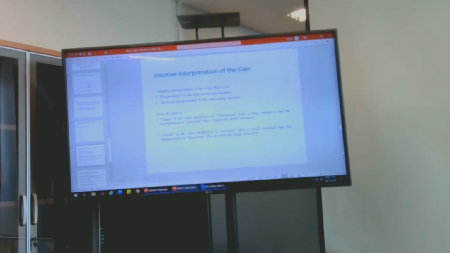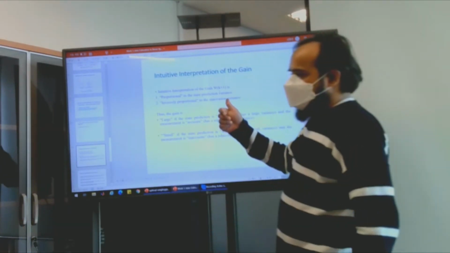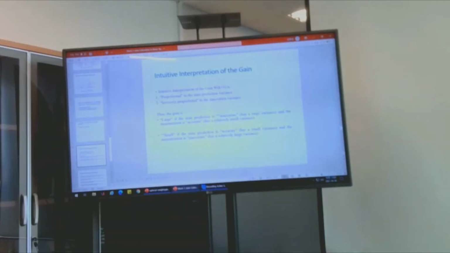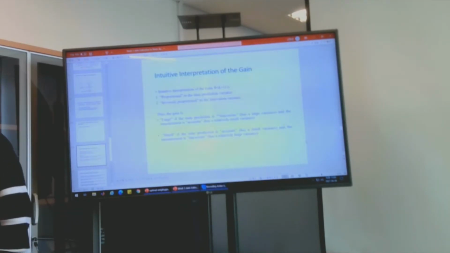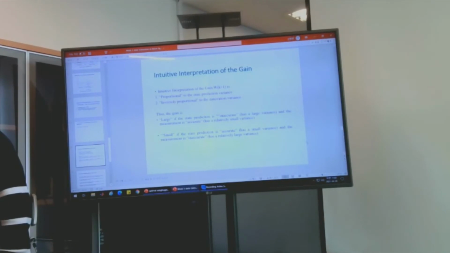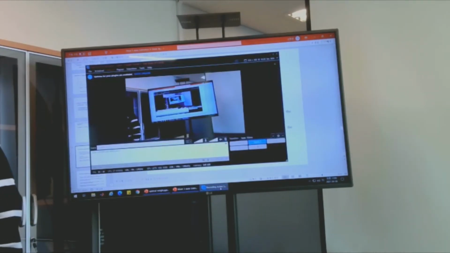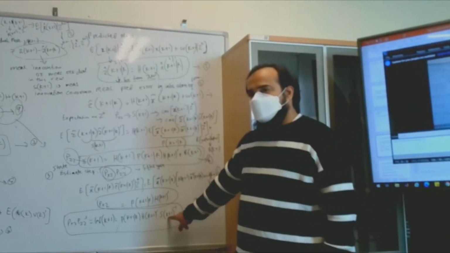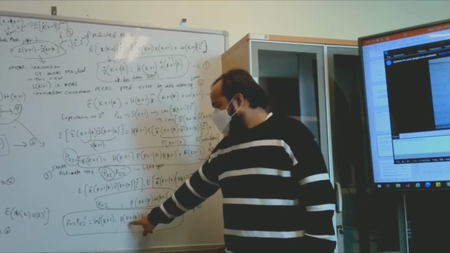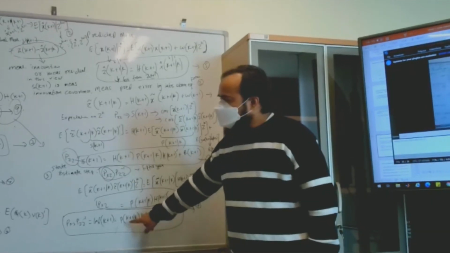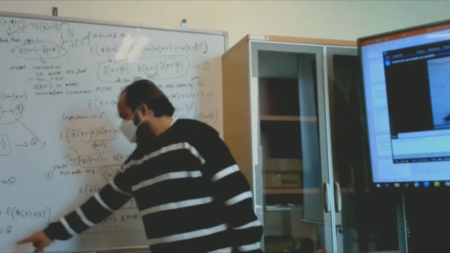As you can see, Wk, the filter gain, is very important. Wk, the filter gain, is proportional to the covariance of the predicted state, and inversely proportional to the filter covariance. This is the filter covariance and this is the predicted state covariance, equation number 4.